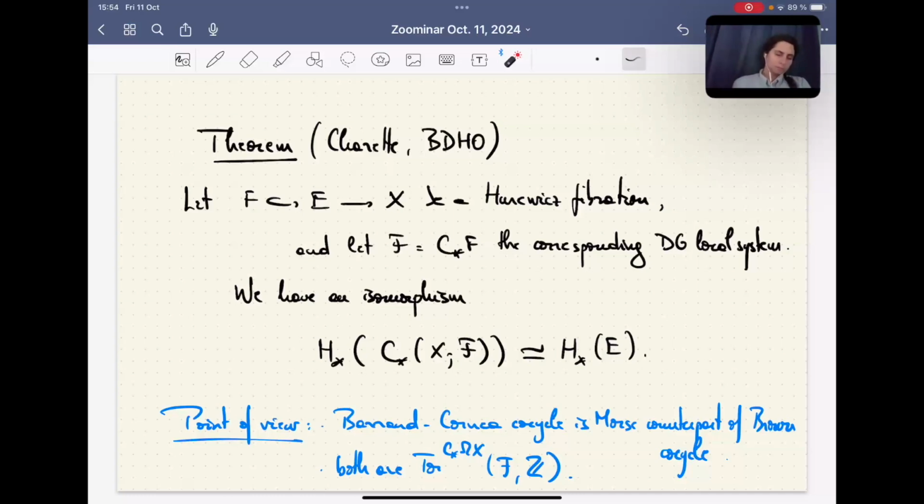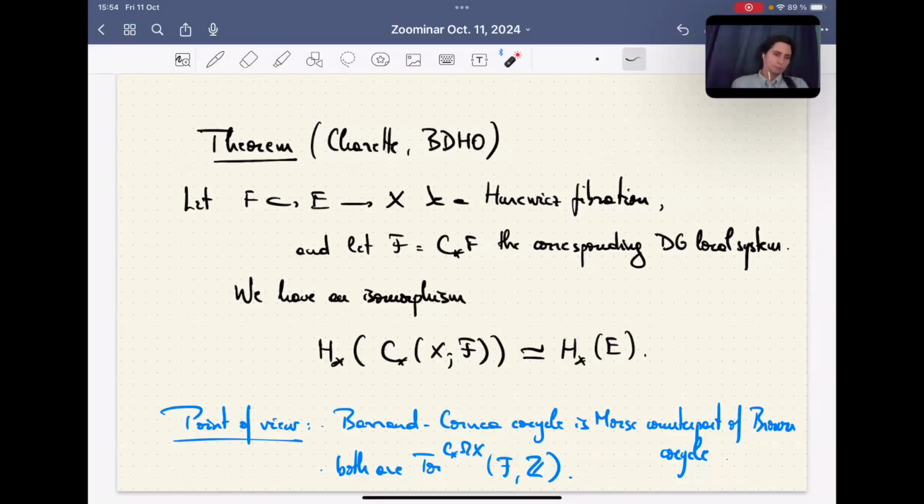So bottom line is that the Barraud-Cornea cocycle is the Morse counterpart of the Brown cocycle, and both of them can actually be described as a DG Tor, meaning I have a module not over a ring, but over a DGA, or differential graded algebra, which is these chains. And I'm computing a Tor group with Z. And what does this mean?